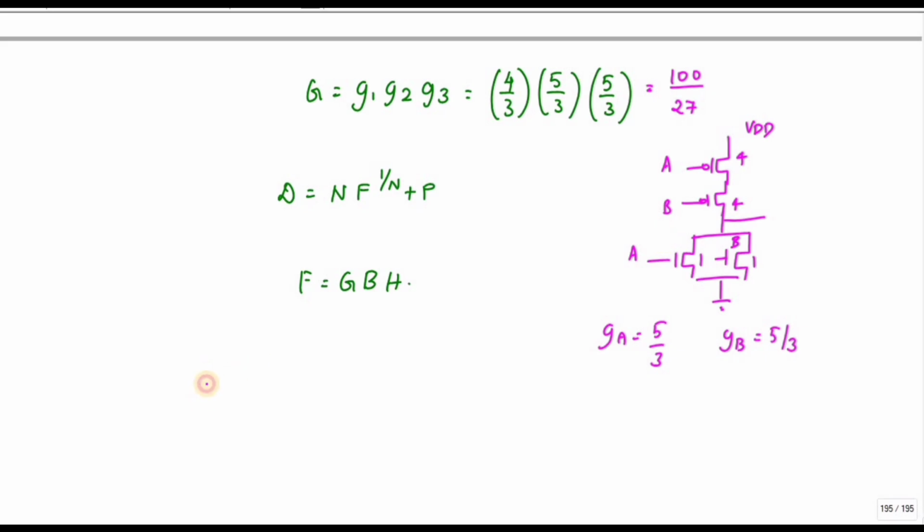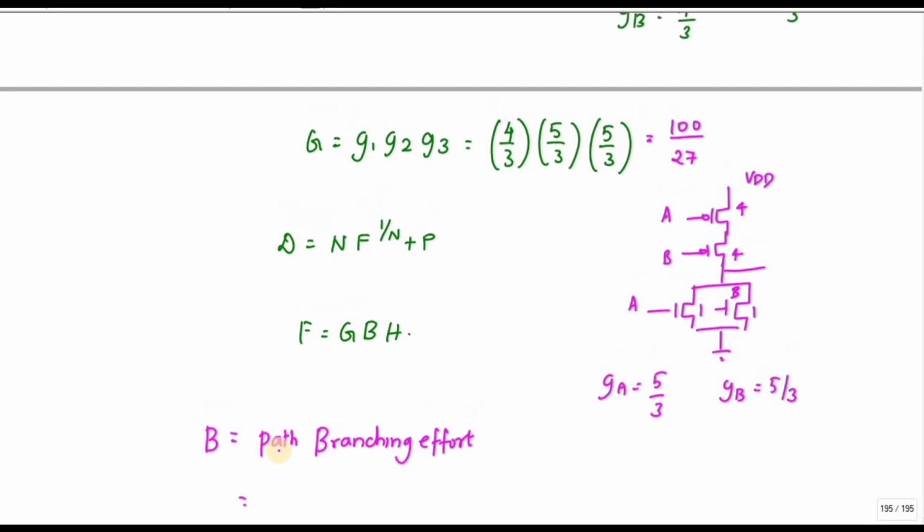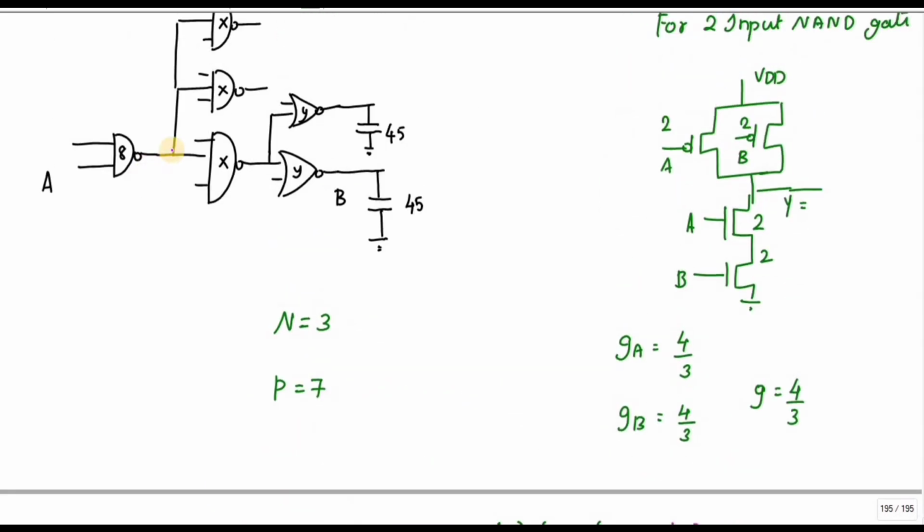Next I need to find the value of B. B is the path branching effort.